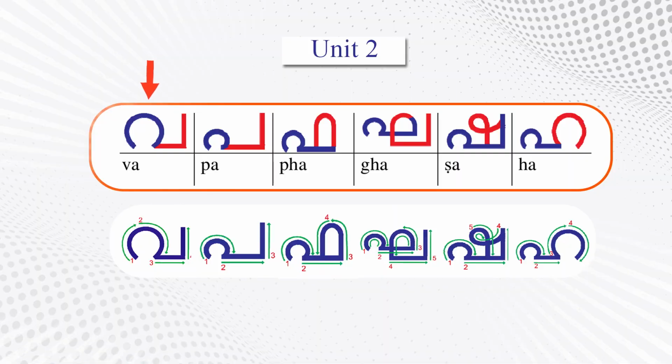Aksharam means letter. Vyanjanaksharam, consonant letters. Here the letters are Va, Pa, Pa, Kha, Sha and Ha.